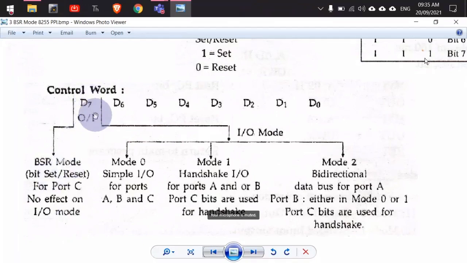However, if this is 1, then we are working in input output mode. Now, input output mode is further divided into 3 modes: mode 0, mode 1, and mode 2. Now, what are these modes? Let us discuss them one by one theoretically, and then we will see the control word register format for that. And after seeing the format, we will try to interface some devices through this.